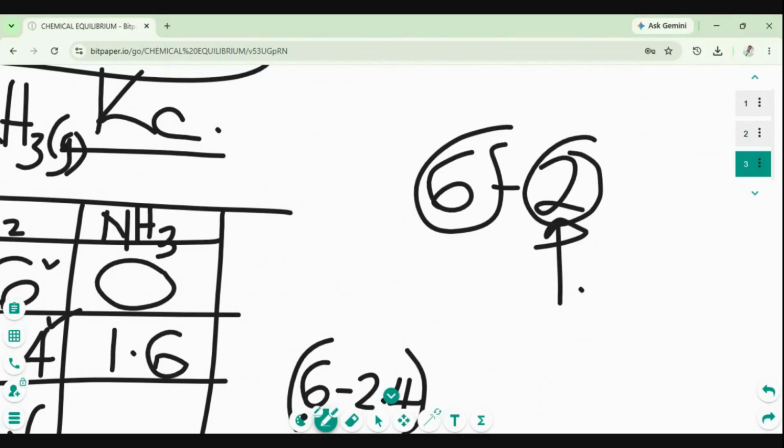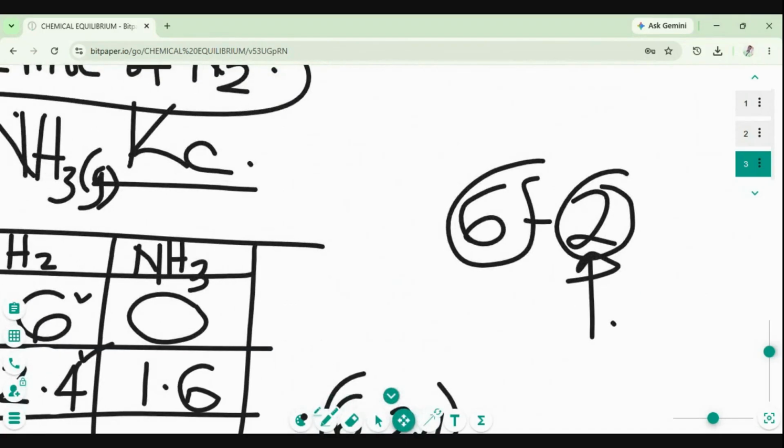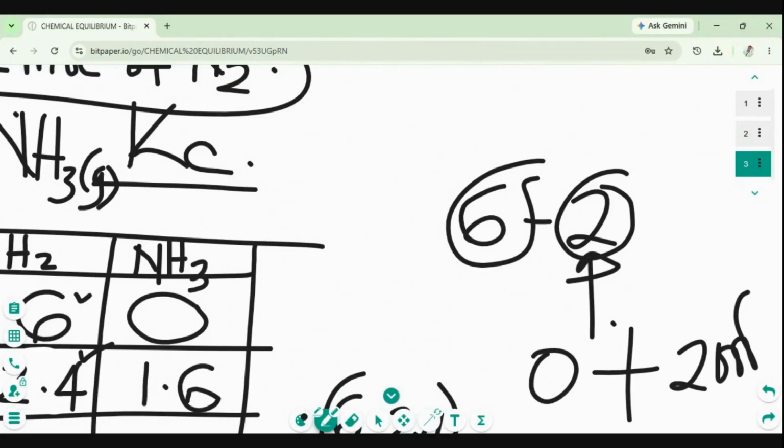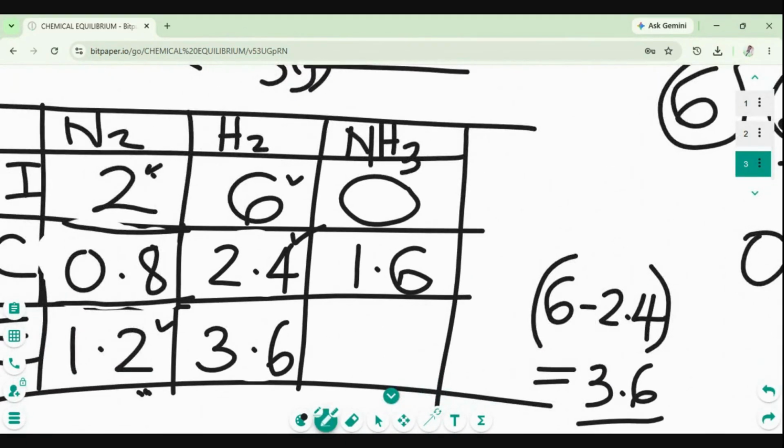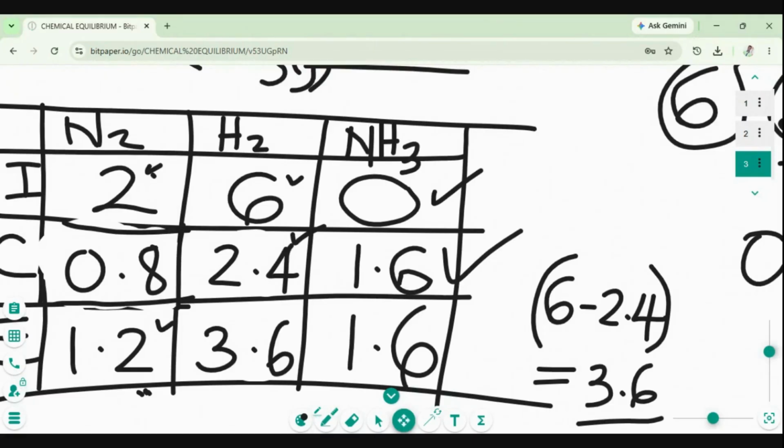However, when we are forming, if you had 0 Ugandan shillings and a friend added you 2,000, finally you come up with 2,000 Ugandan shillings. Those are the products. For the reactants, we are subtracting. For the products, we are adding. So if you started with 0 and you formed 1.6, you remain with 1.6. So members, we finally have our table full.